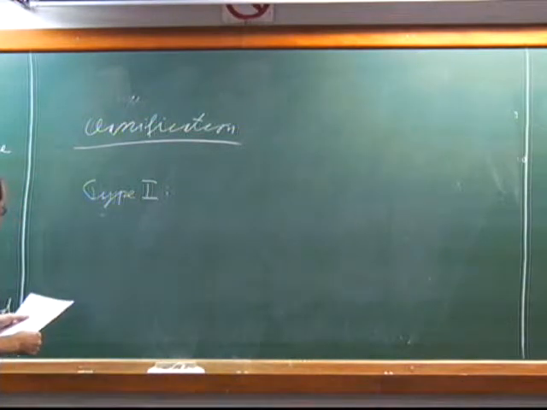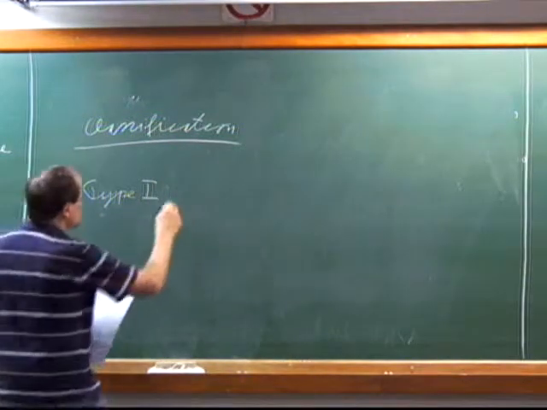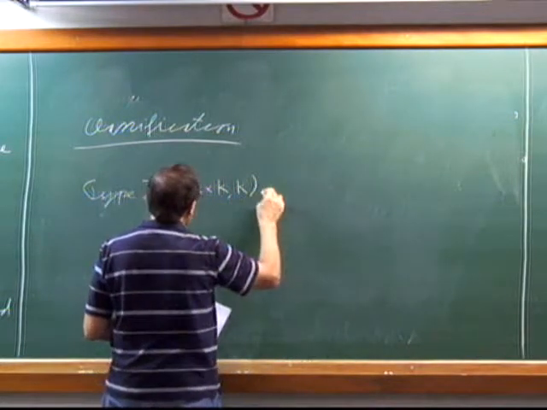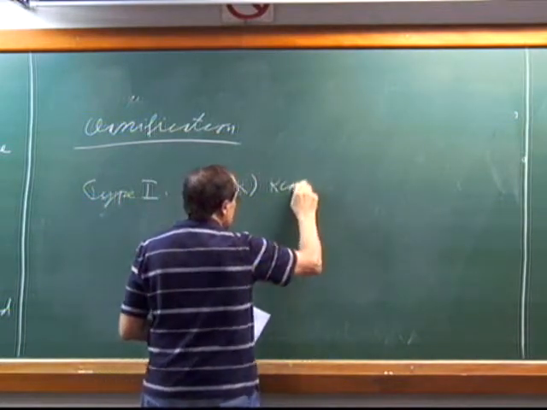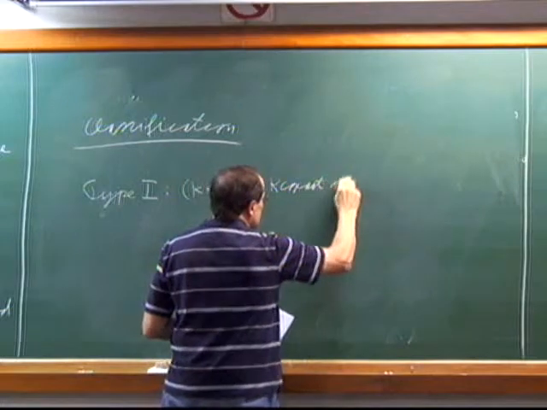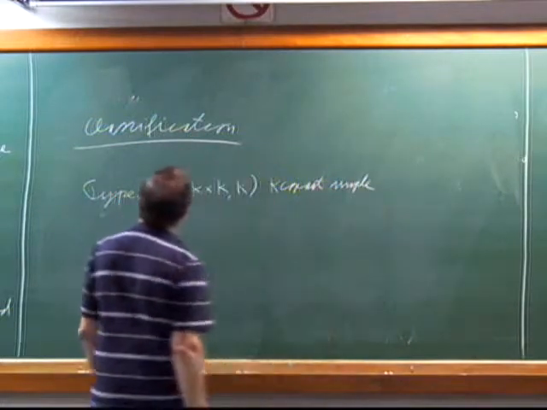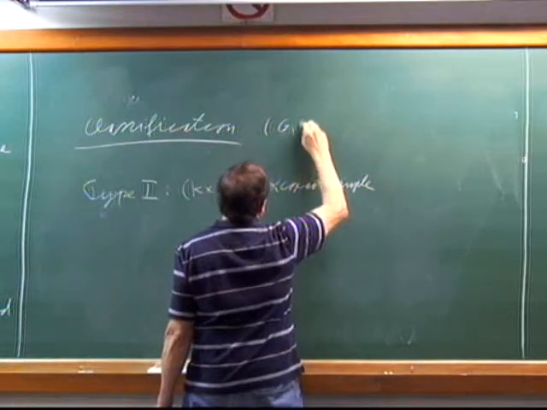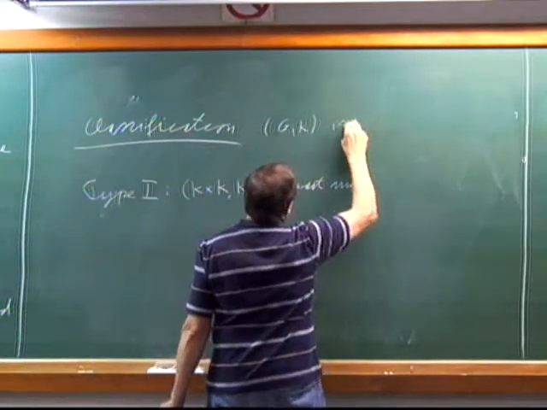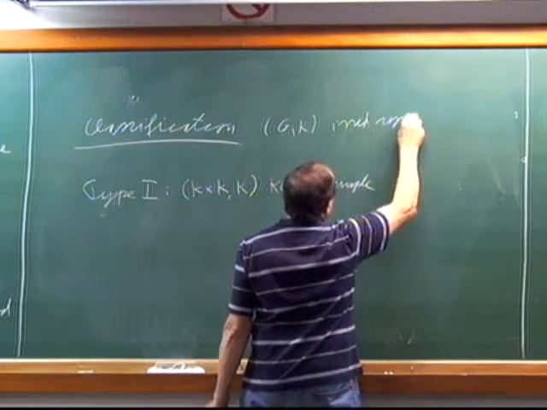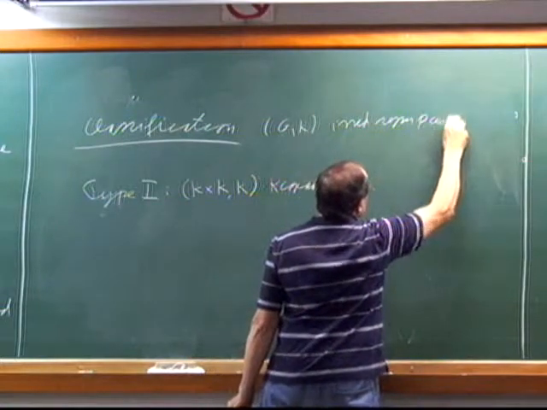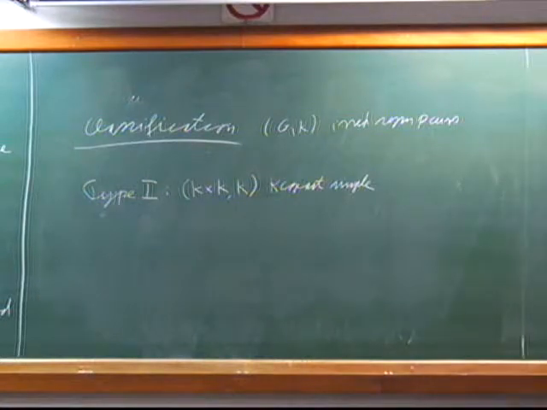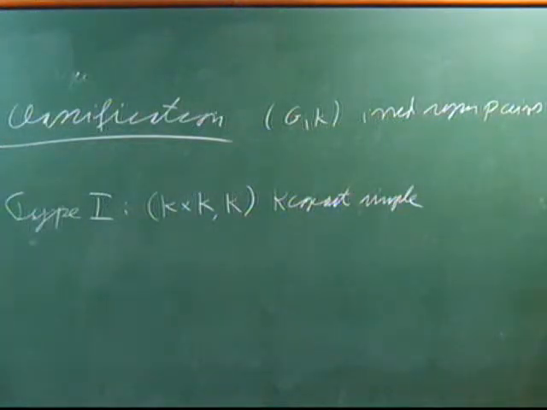Type 1 is (K cross K, K), K compact simple. So here we have pairs (g, k), irreducible symmetric pairs. To type 1, I have a dual.